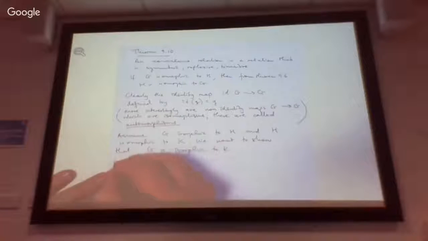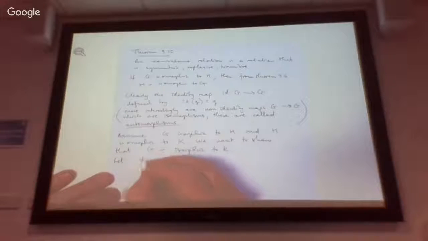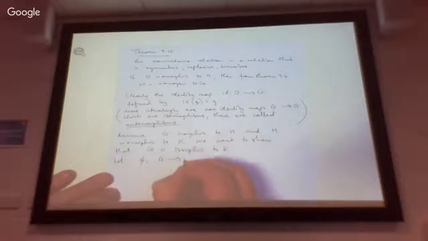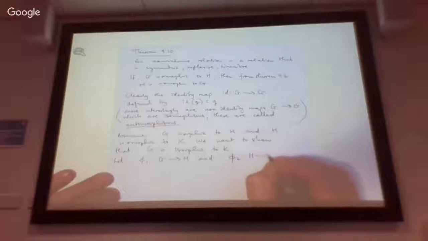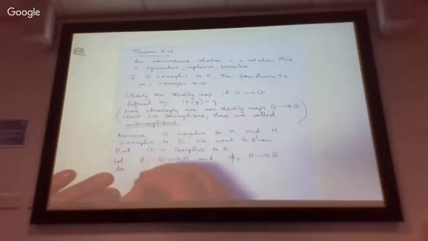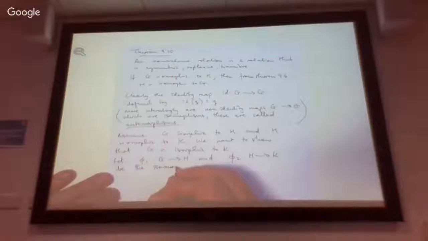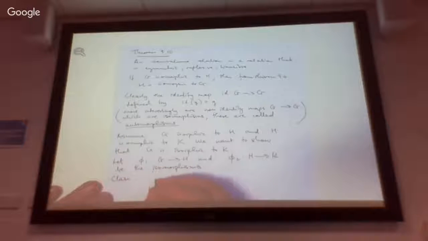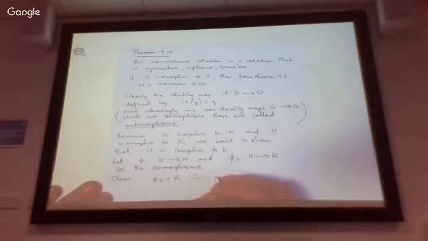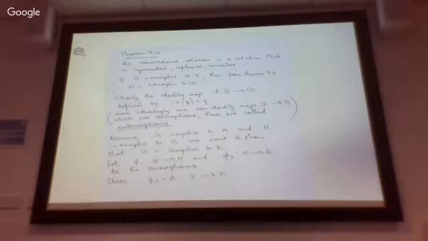Okay? So let phi1 from G to H and phi2 from H to K be the isomorphisms, and claim: phi2 after phi1, so that's a mapping from G through the intermediate H all the way to K, composing those mappings.